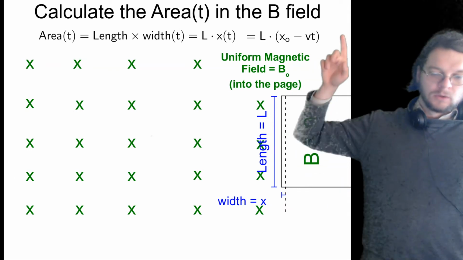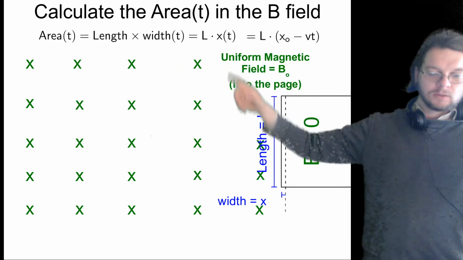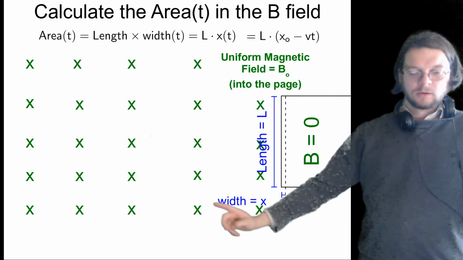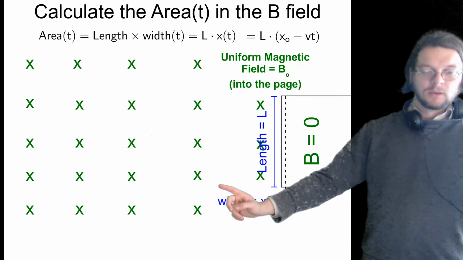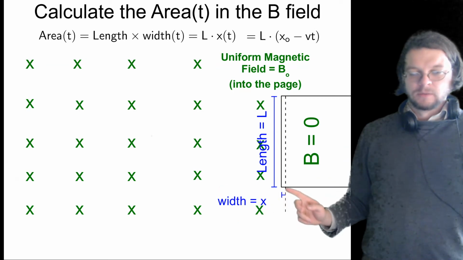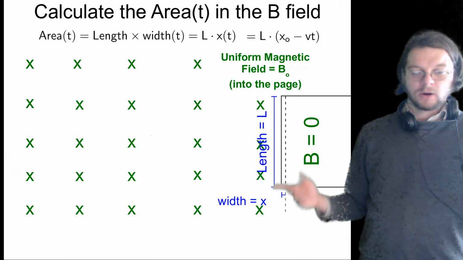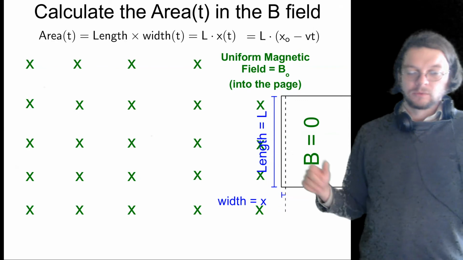And so when t equals 0, x is back here, right? So at x naught. But as time advances, eventually x naught reaches this point, at which point the area is 0. And then it's out of the magnetic field and there's no more flux.